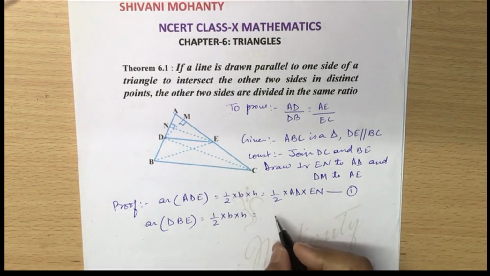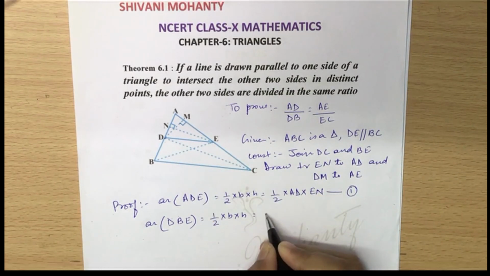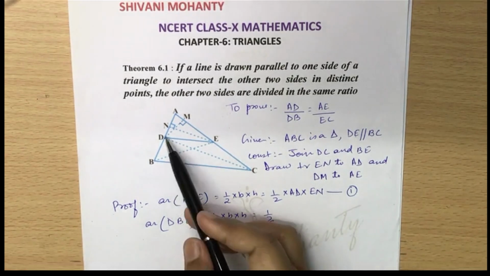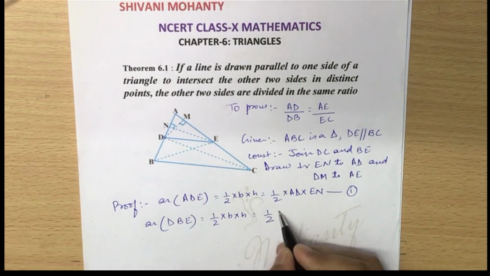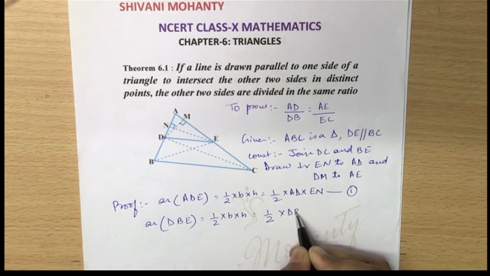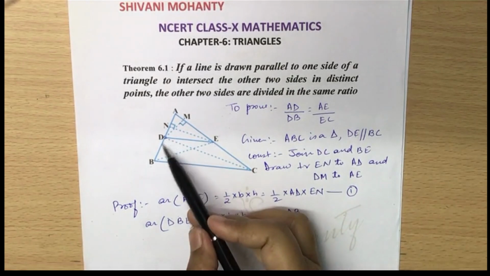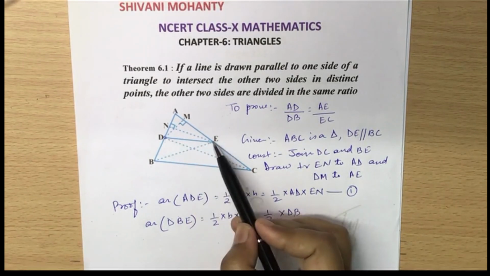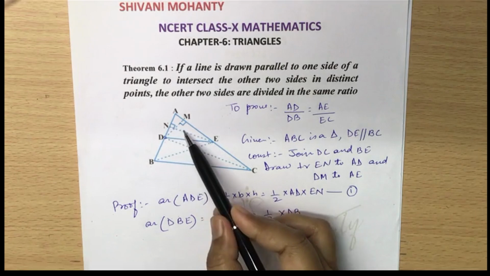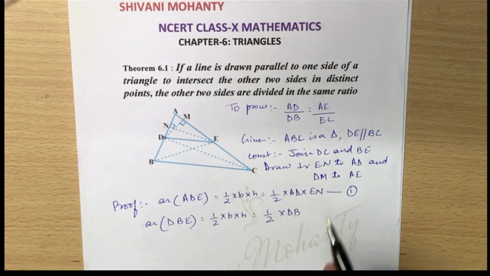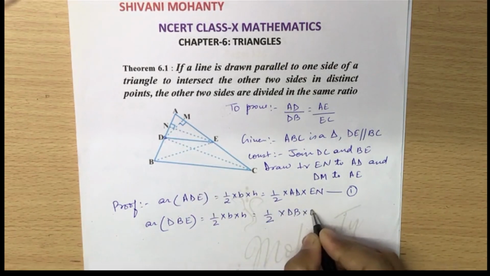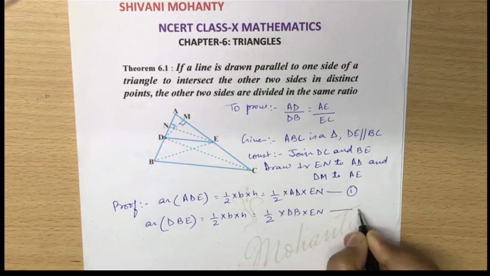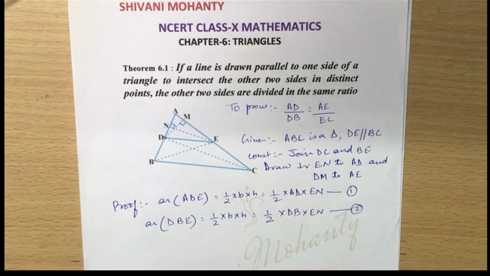So I can write it is half. What is the base? DB. And what is the height for this triangle? The height is EN. So I multiply EN. This is equation number 2.